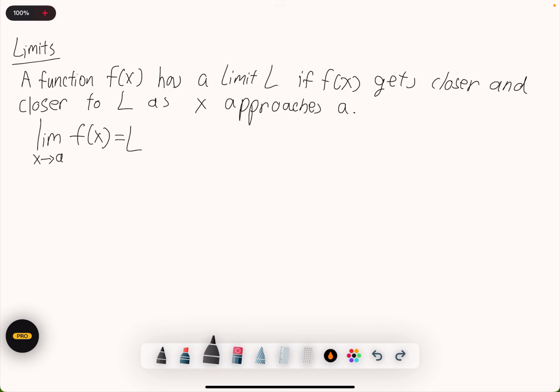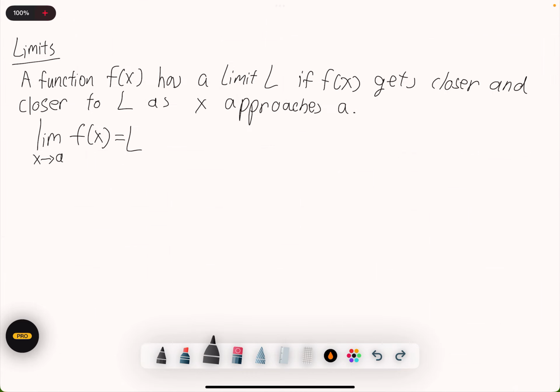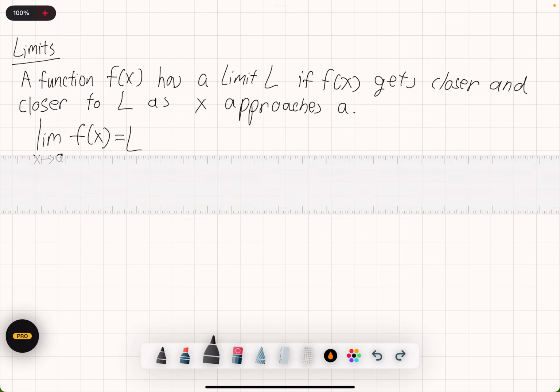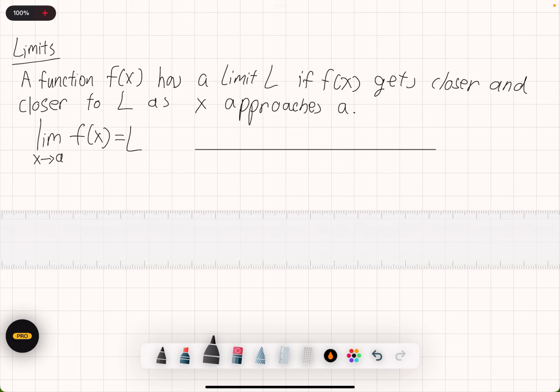We can also visually represent the concept of approaching A using a number line. So this is the number line for x.